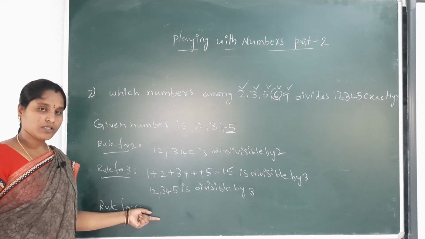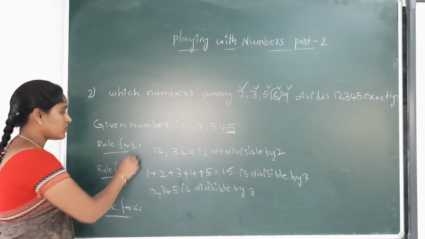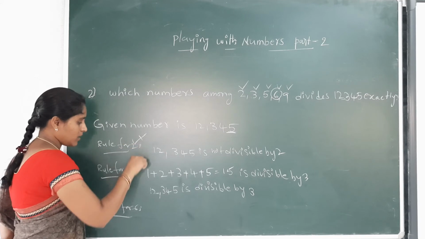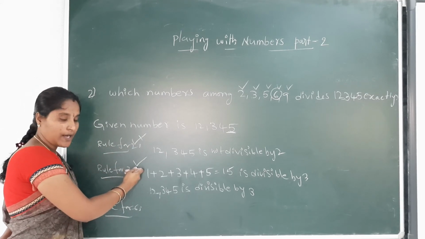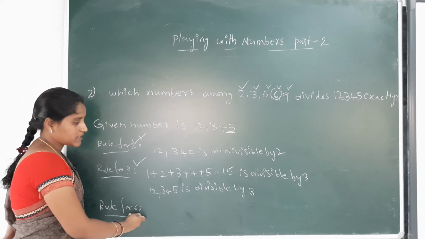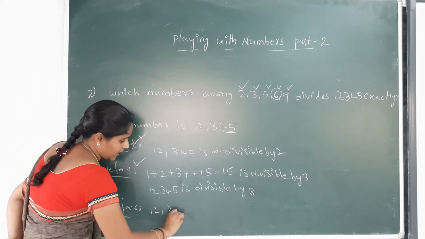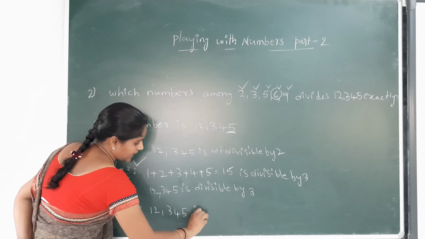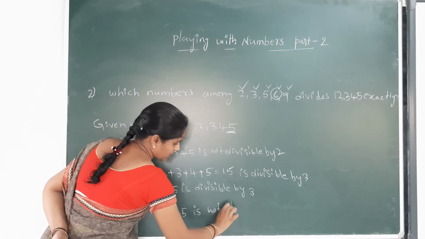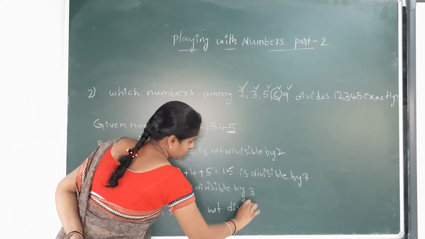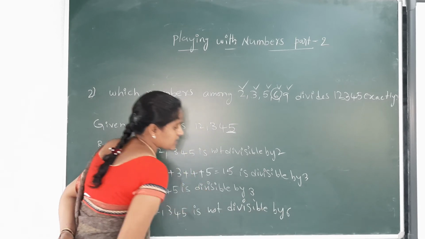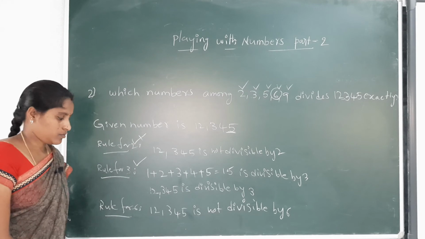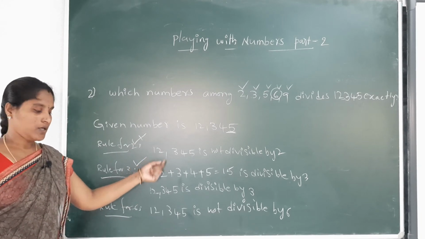So the rule for 6 is also not satisfied, because the rule for 2 is not satisfied, though the rule for 3 is. 12,345 is not divisible by 6, because it is not divisible by 2.